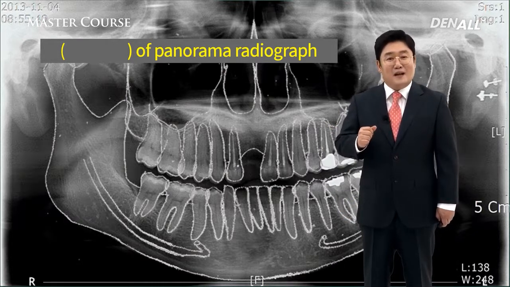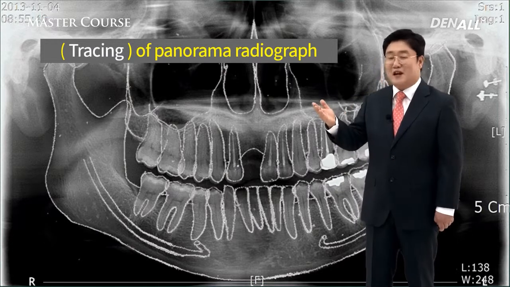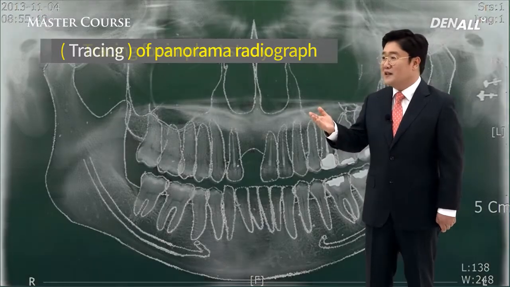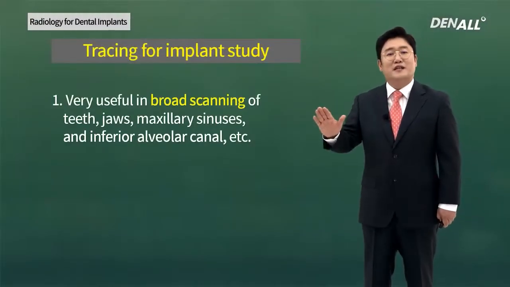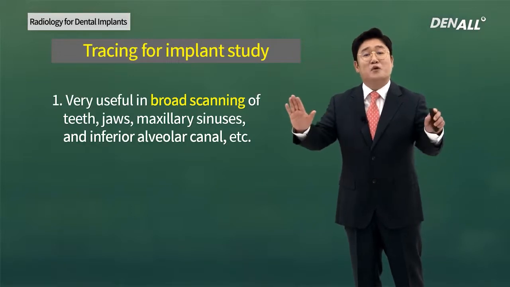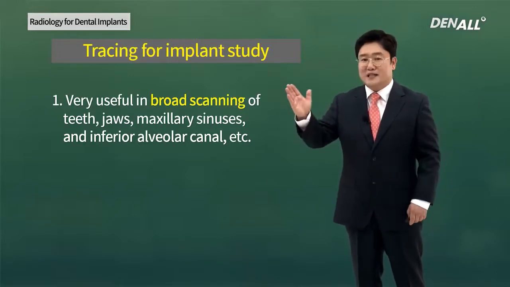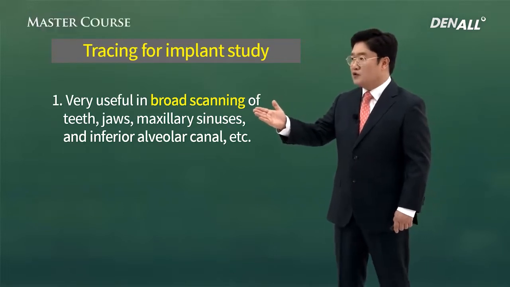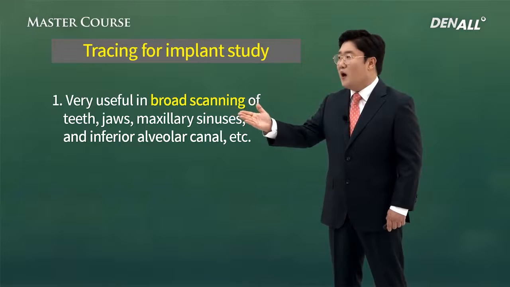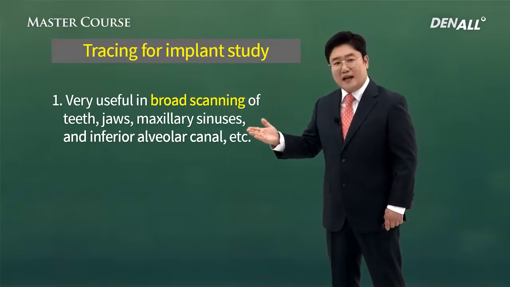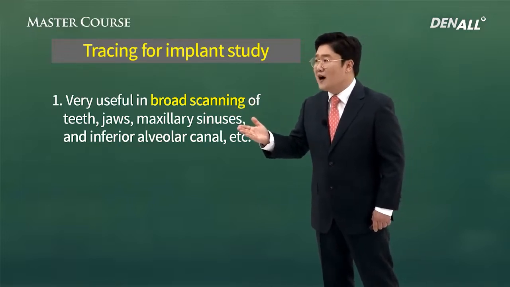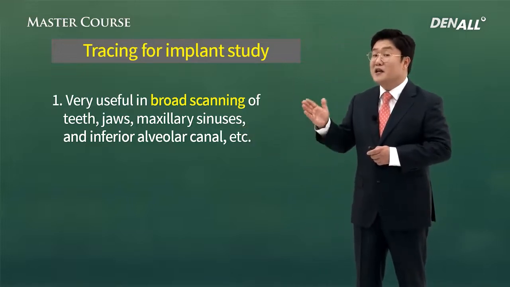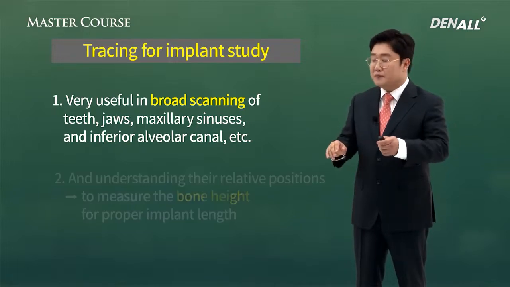It's called tracing of panorama radiograph. Through the broad scanning results from panorama, we could identify teeth, jaws, maxillary sinuses, and inferior alveolar canal. The locations and relative relations were identified as well.